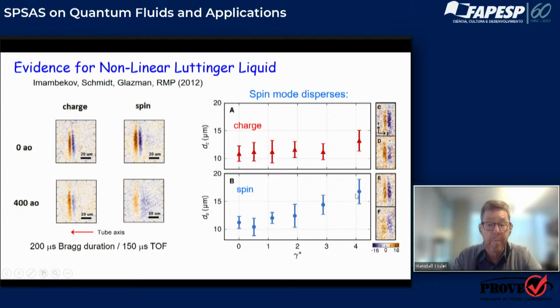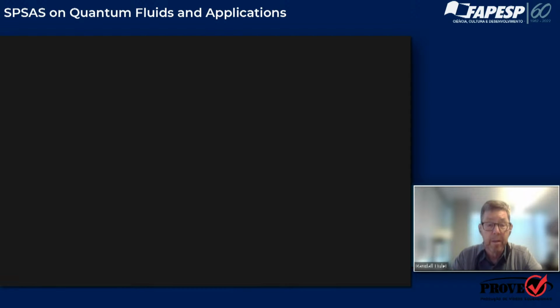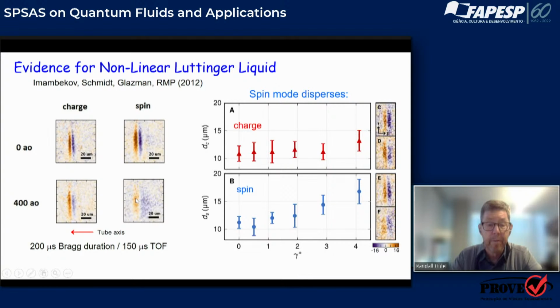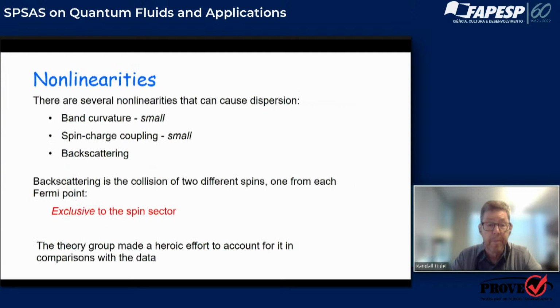There's quite a bit of nonlinearity, and the width of the outcoupled atoms in the spin mode depends very strongly on the interaction strength. So it turns out that this is an indicator that backscattering and other nonlinear effects have to be taken into account for the spin mode.